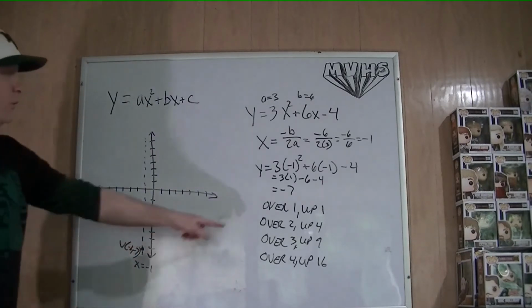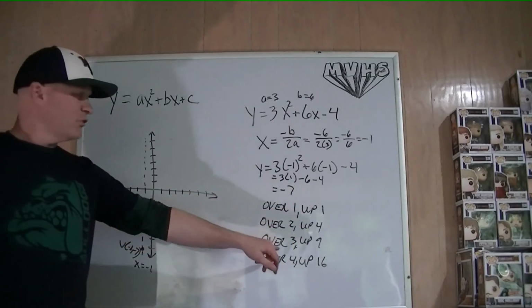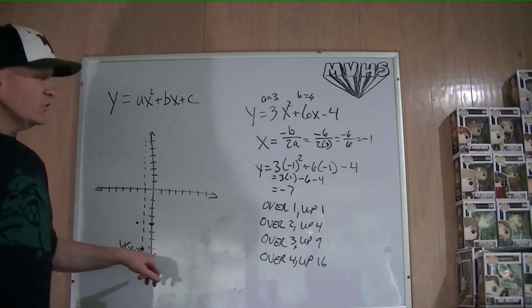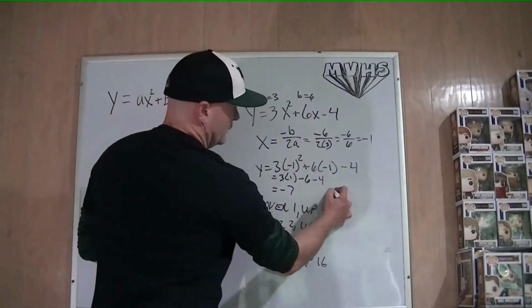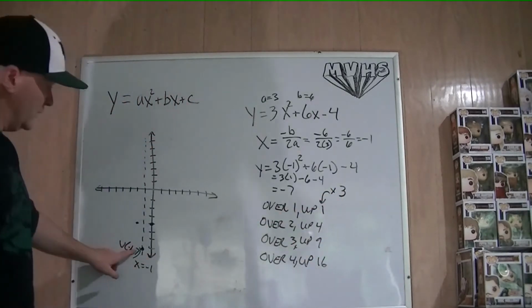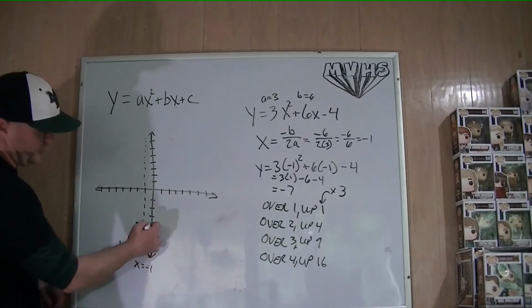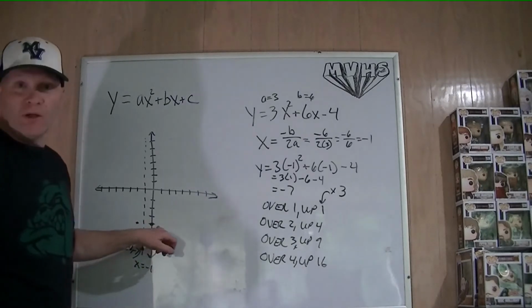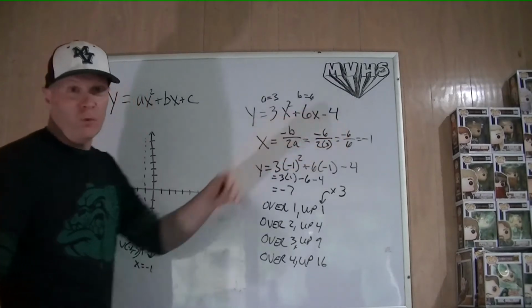Okay, now using what we just learned here, once we know what the vertex is, we can do these steps, and since our a is 3, we're just going to multiply all these numbers by 3. So instead of going over 1 up 1, it's going to go over 1 up 3. Well, we actually already have that point because it was the y-intercept, but maybe we forgot that that's the y-intercept.